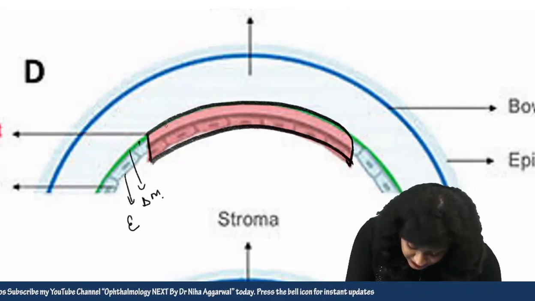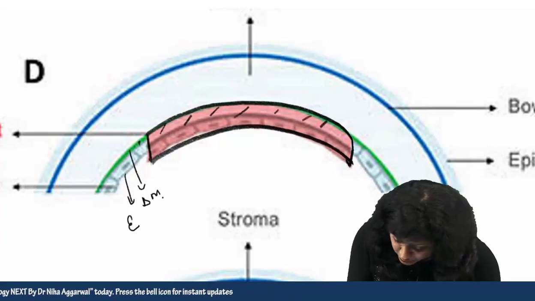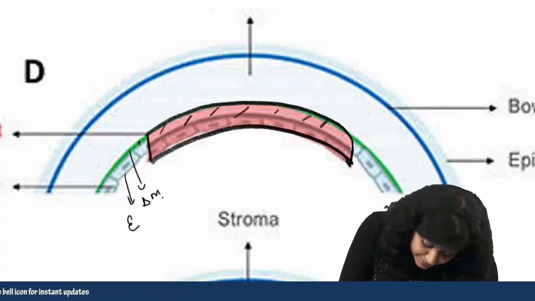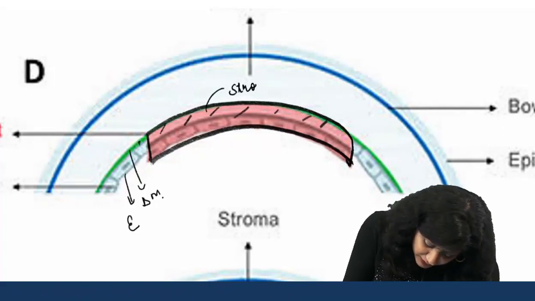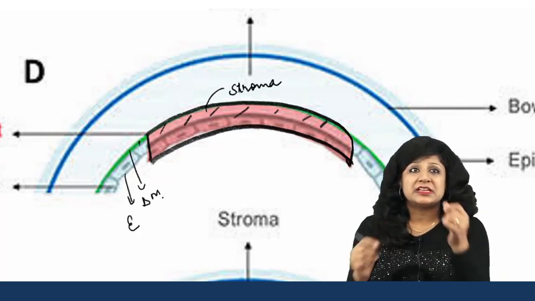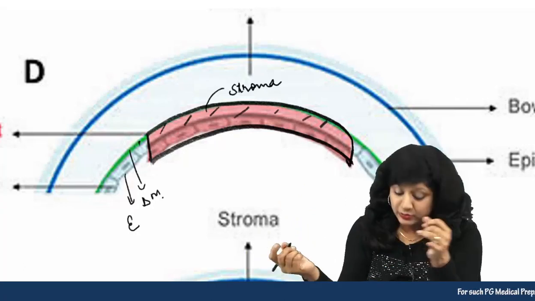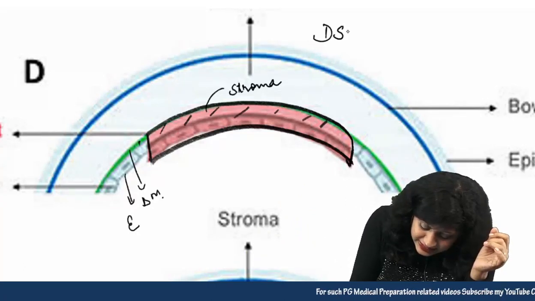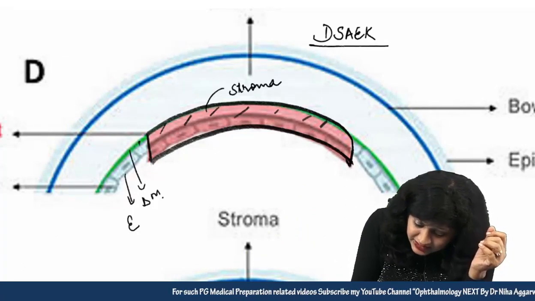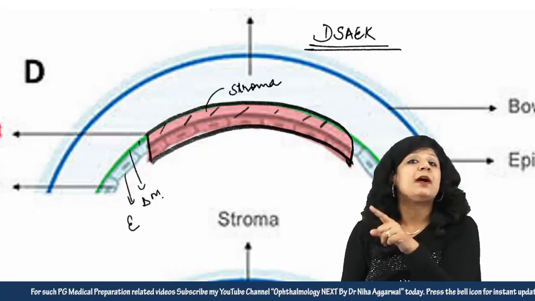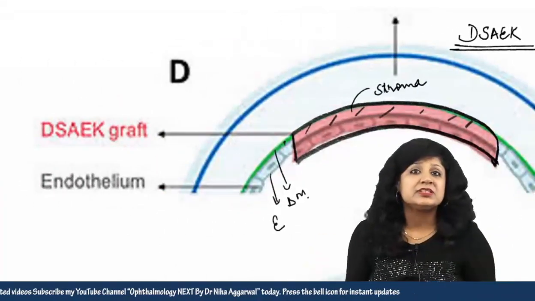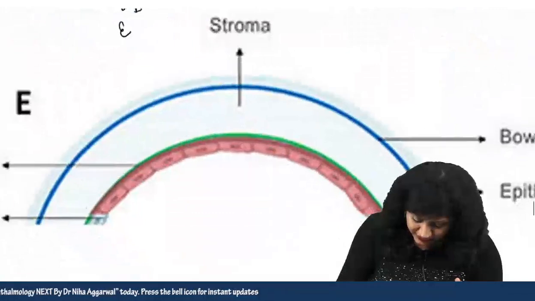Plus, can you see this small part, this pink area is also involved, but a small one. So some amount of stroma. So what does this mean? Descemet's membrane stripping automated endothelial keratoplasty. That means it is DSEK, because if it is DMEK, it should not involve any part of the stroma, and here comes its name.